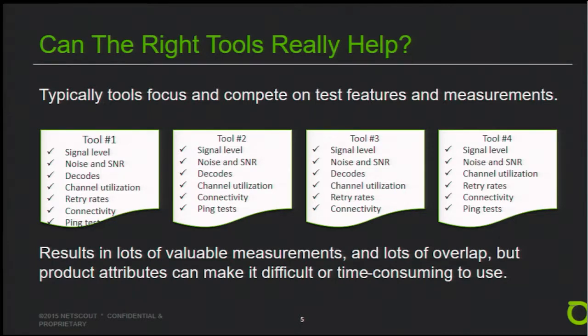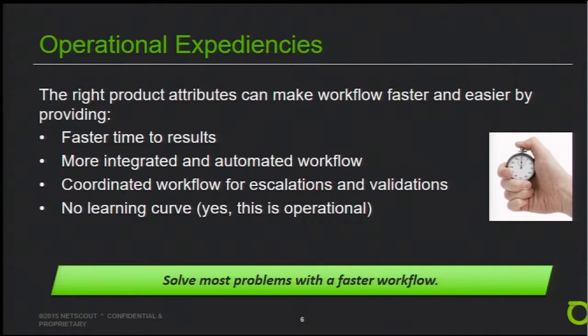I'm sure we all have multiple tools in our kit that all provide the same basic set of tests and measurements. But the attributes, the use case of these tools can sometimes make them time-consuming or difficult to use. So we're looking at ways to make this whole process simple. Operational expediencies.